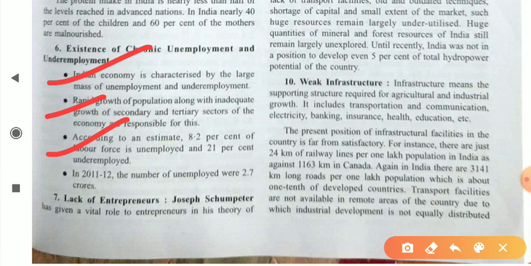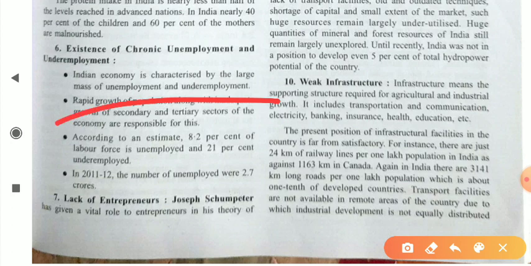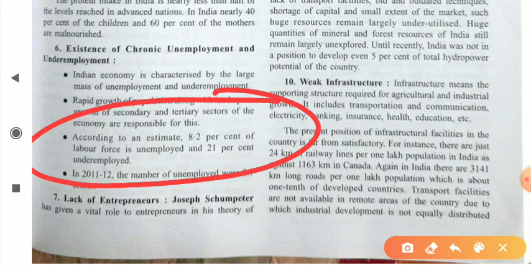Next, according to the estimate, 8.2% of the labor force are unemployed and 21% are underemployed. You can see the data, which is too high. Suppose you have 100 people. Out of that, 8.2% you can consider as unemployed, and 21% are underemployed in our country.